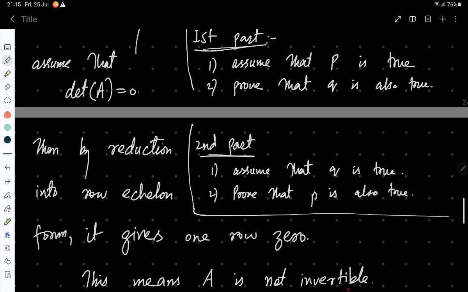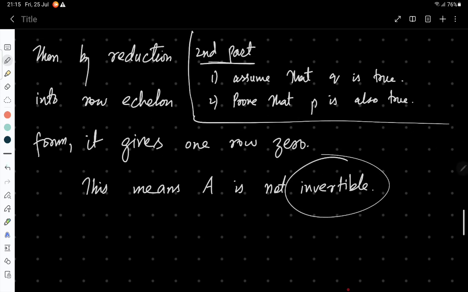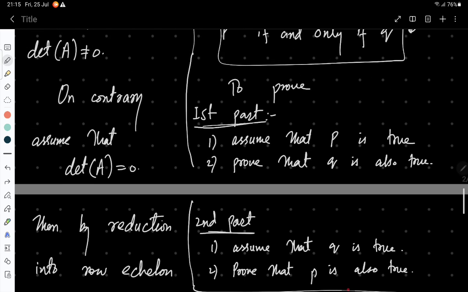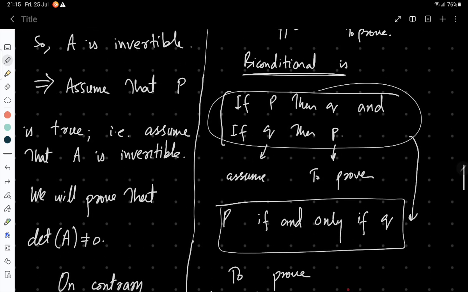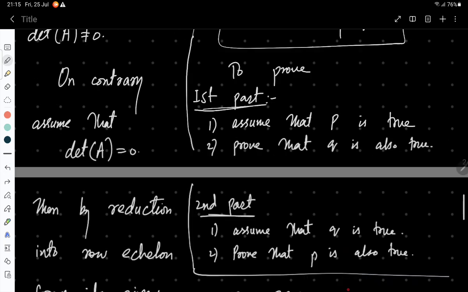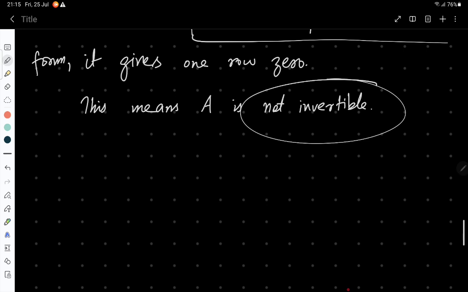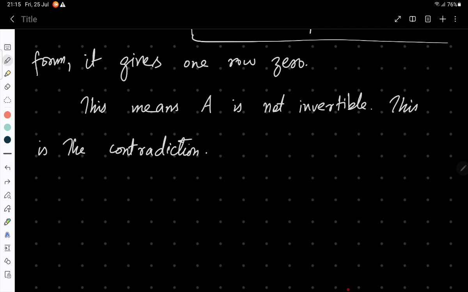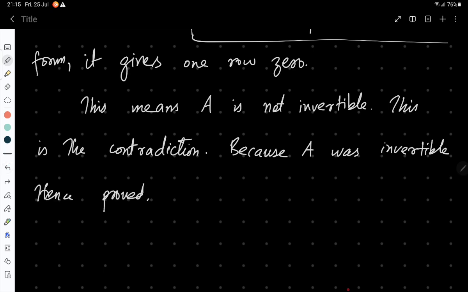But this is a contradiction to our assumption. What was our assumption? Our assumption was that the matrix A is invertible, but here we are getting that A is not invertible. This is the contradiction. So this contradiction says that our statement is true, hence the theorem is proved.